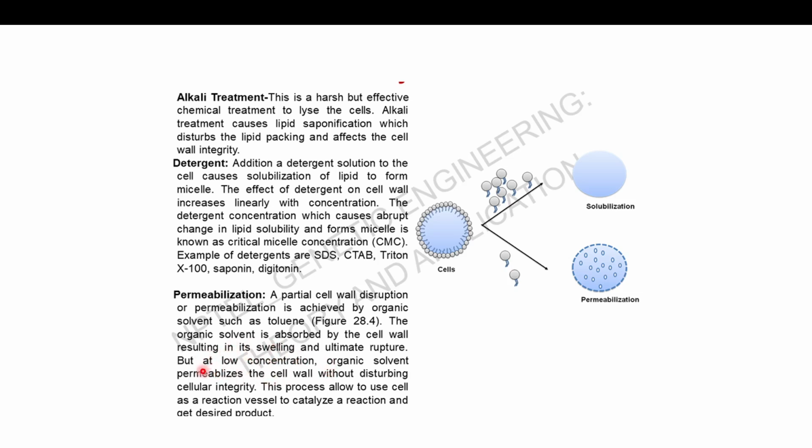But when you use the solvent at low concentration, it can permeabilize the cell wall without disturbing the cellular integrity. So this concentration has to be optimized. This method then allows you to use the cell as a reaction vessel to catalyze any reaction and get the desired product or purify the desired product.